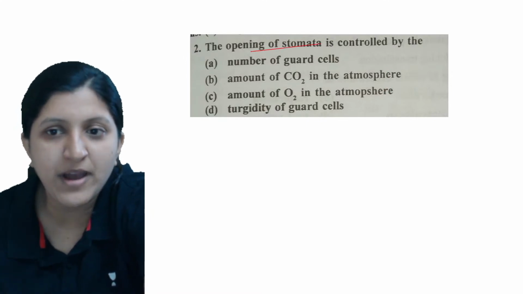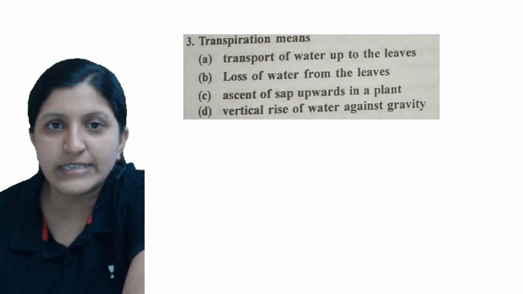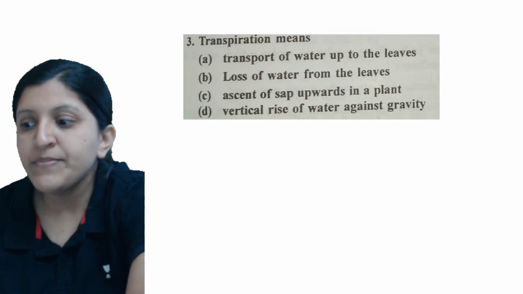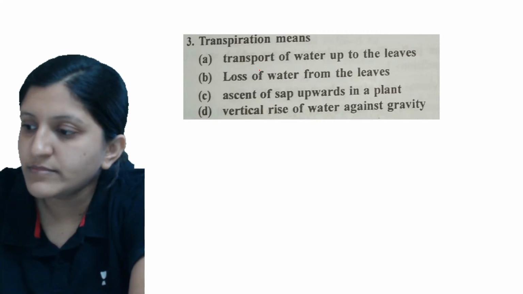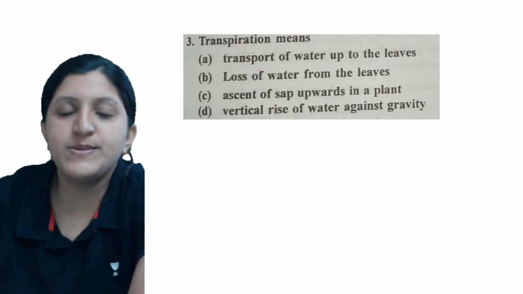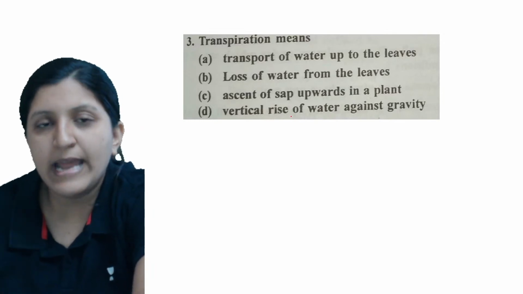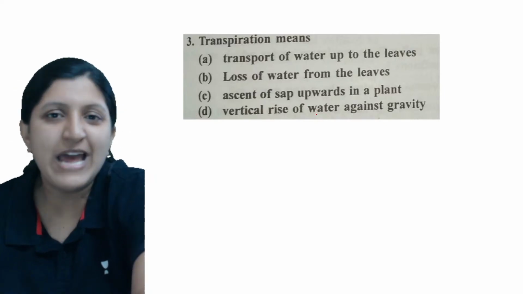The opening of the stomata depends on the turgidity, whether the cell is turgid or flaccid. If the guard cell is turgid, the stomata is open. If the guard cell is flaccid, meaning all the water content is lost, then the stomata will be closed.